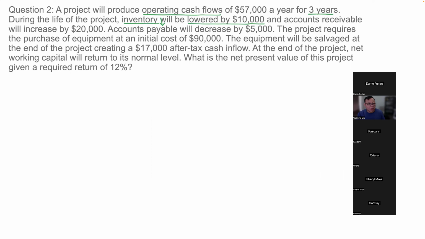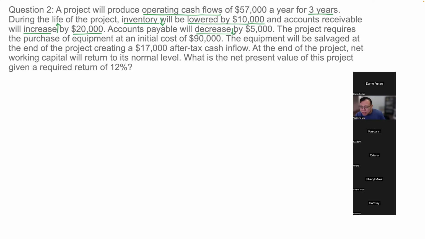Accounts receivable will increase by 20,000. Accounts payable will decrease by 5,000.